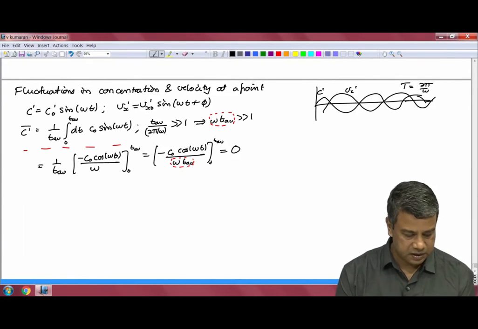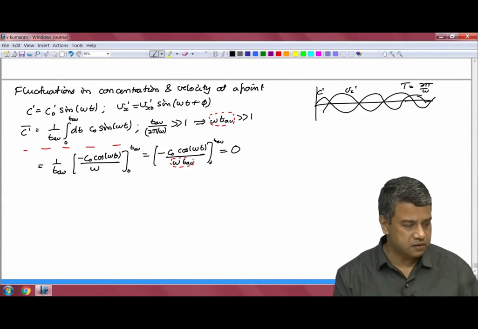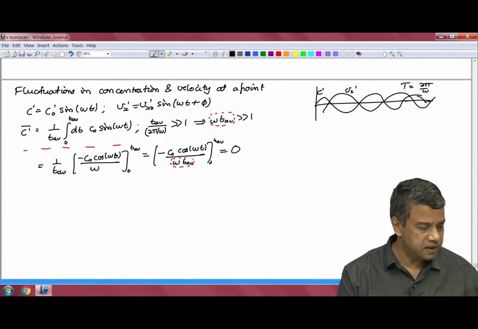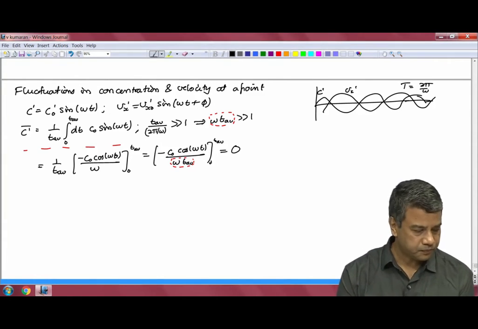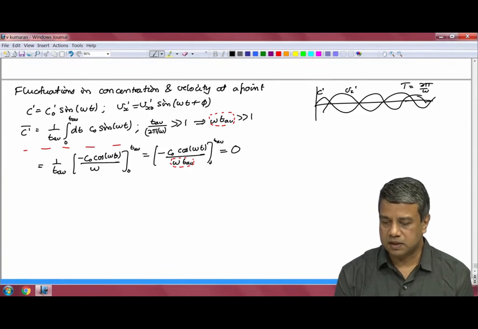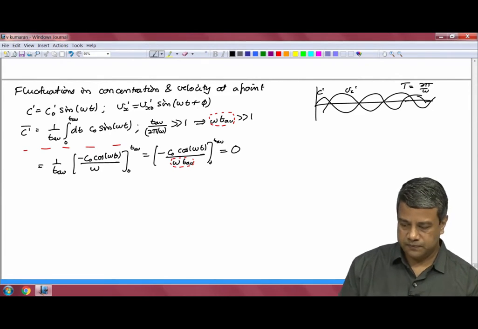You can do a similar calculation for the average of the fluctuating velocity, and you can easily verify that that is also equal to 0. So, both the concentration fluctuation and the velocity fluctuation average out to 0.